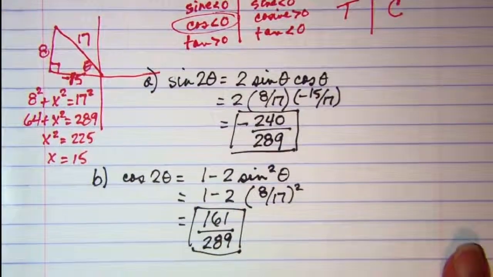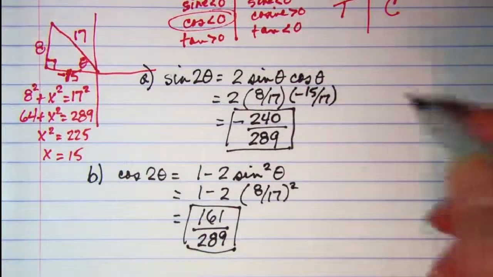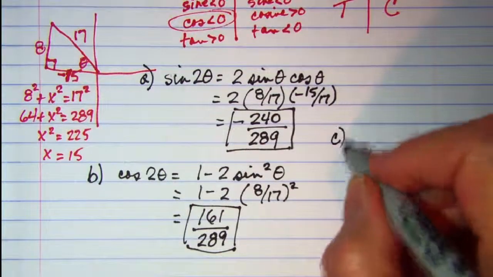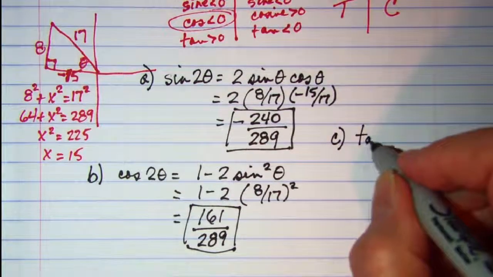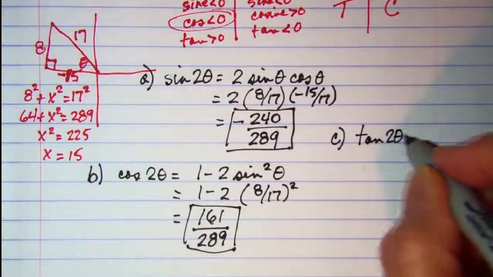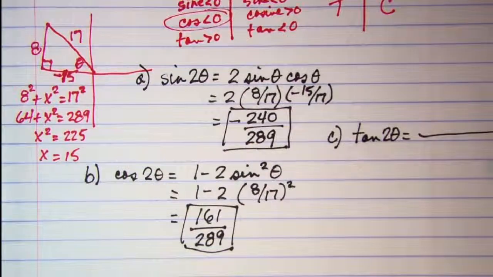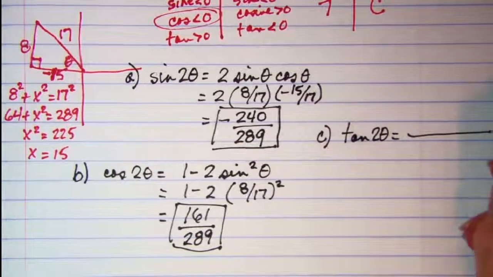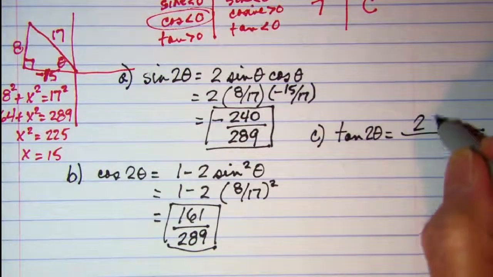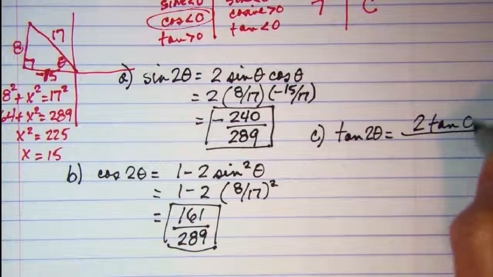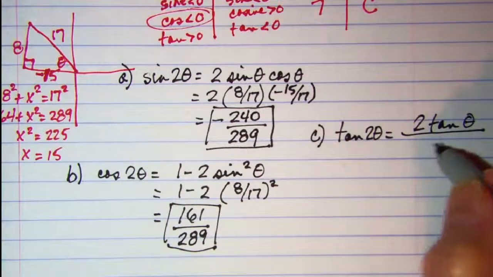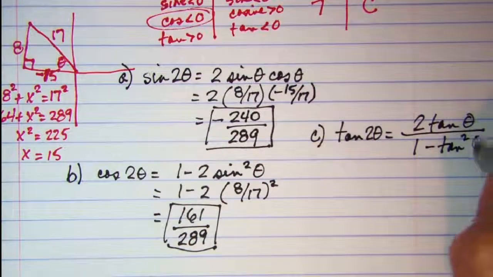And then our C part, I'll put that right here. We're asked to find the tangent of 2 theta. And our identity says that that is the same as 2 tangent theta over 1 minus tangent squared theta.